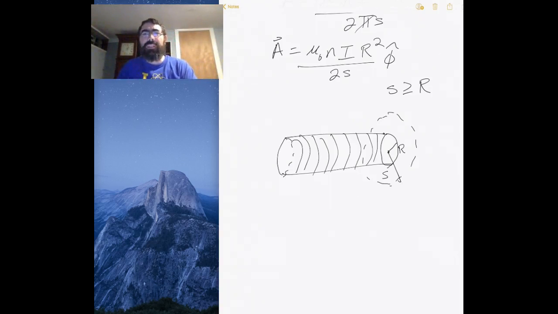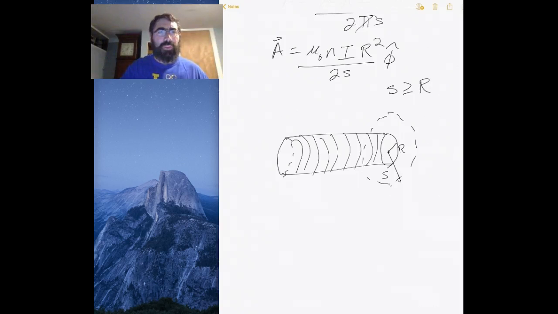That's on the outside of the solenoid. So now the magnetic field is uniform inside the solenoid and 0 on the outside of the solenoid, and the magnetic potential has a certain value inside and another value on the outside. Very analogous to something like the electric potential around a capacitor.